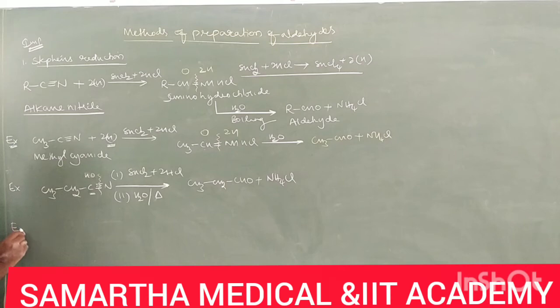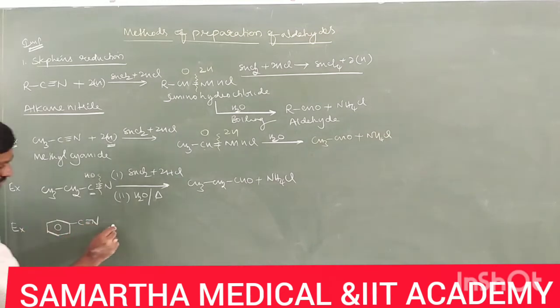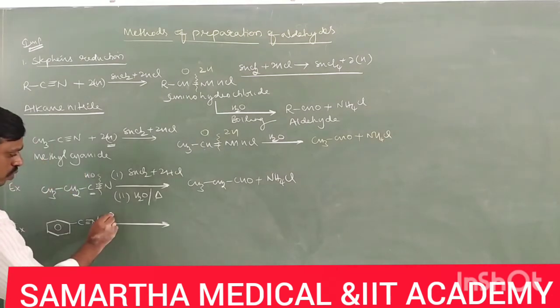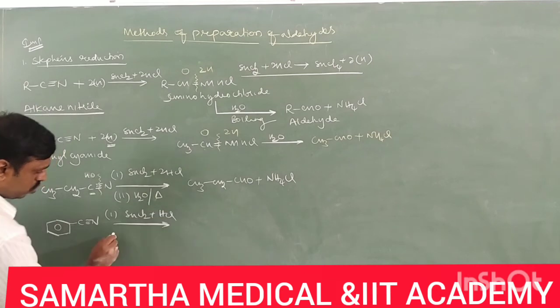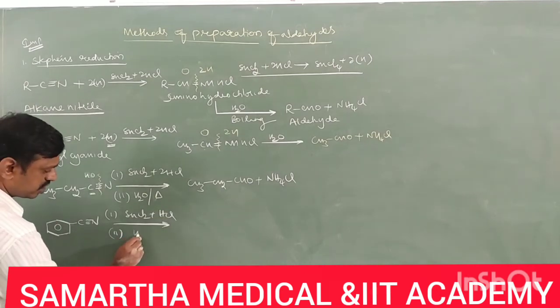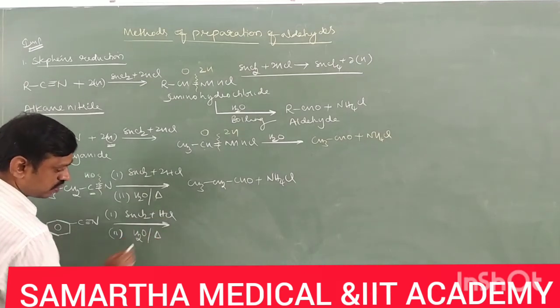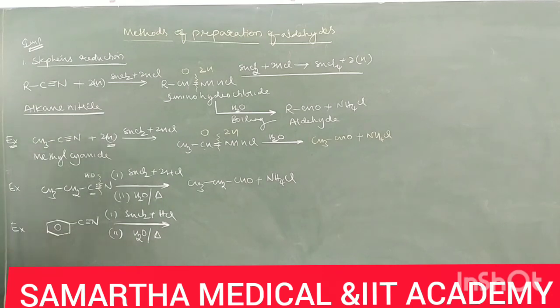Right. Similarly, one more example. Let us take benzene having C triple bond N, that is phenyl cyanide. This phenyl cyanide is subjected to 1 SnCl2 plus HCl, 2 second reagent is boiling water. What is the product? It is also the same.